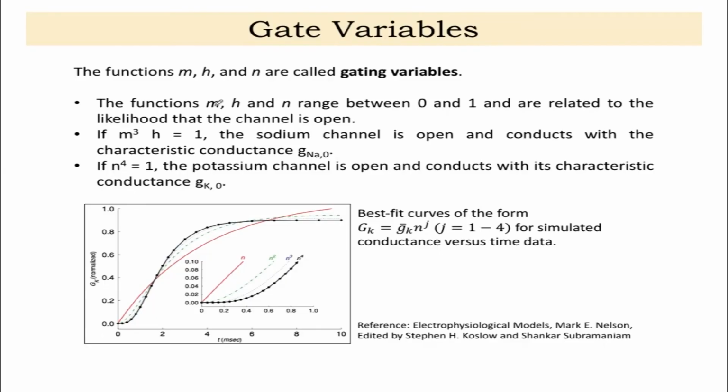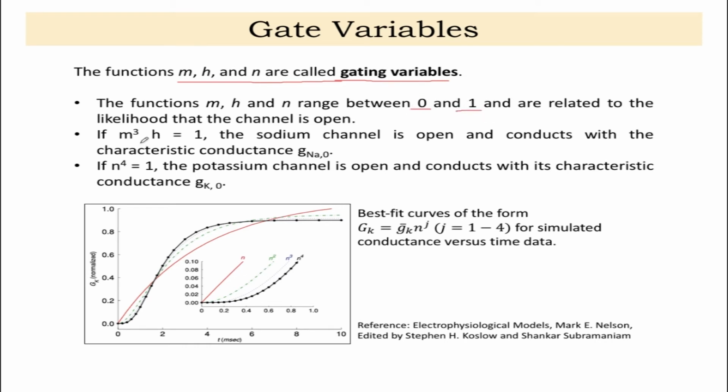Now this m, n, h, these are all gating variables. Let us look into how these gating variables themselves change, because they are the things that actually control the ionic current flow in the neuron. There are three gating variables that we have considered in this model, m, h and n, and their values will always be between 0 and 1.